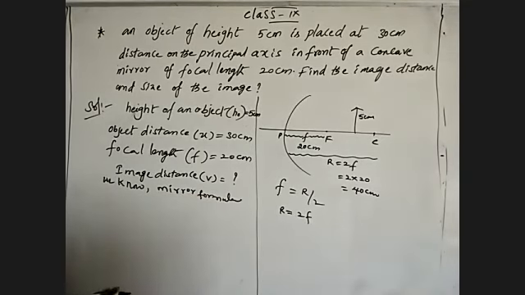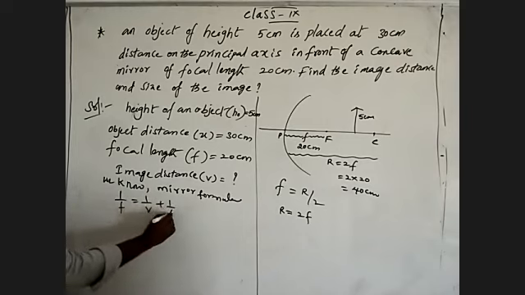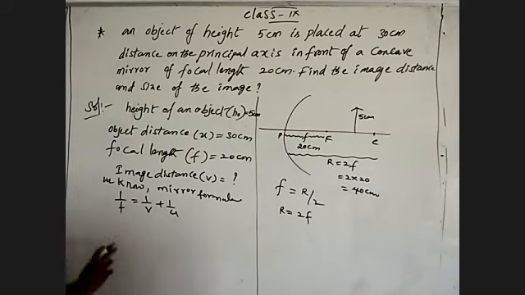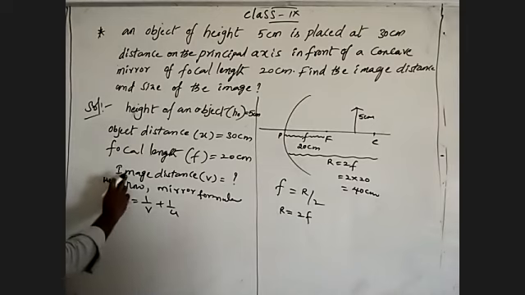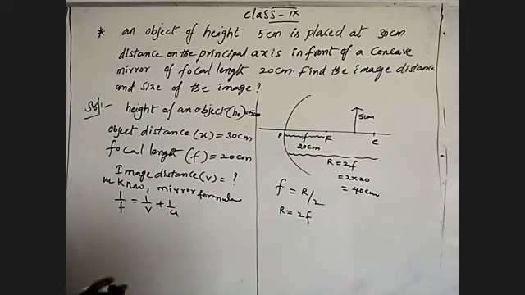Can you recognize it? 1 by F is equal to 1 by V plus 1 by U. That is, 1 by focal length is equal to 1 by image distance plus 1 by object distance. Understand? Then what do you want to find? Image distance.